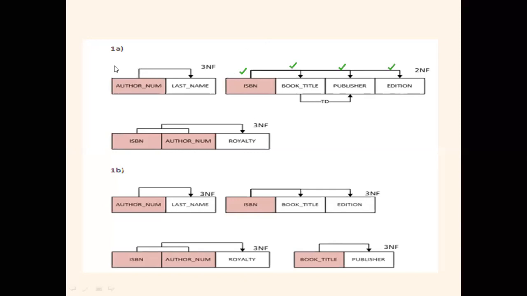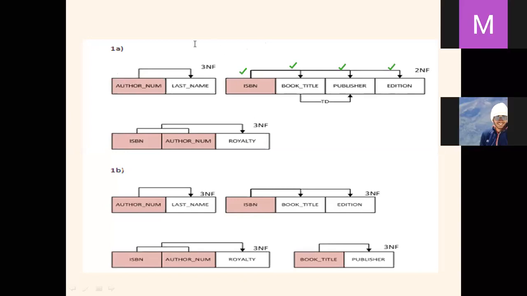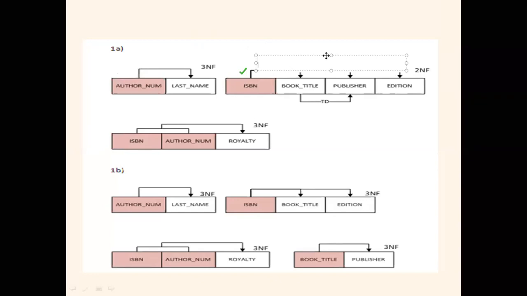So let us say this is my book table. This is my author table. This is my book table. Let us write as well. So what do we have here? Having book table.